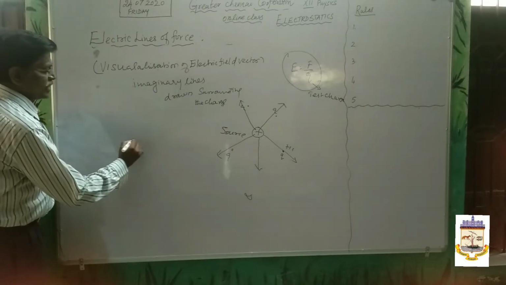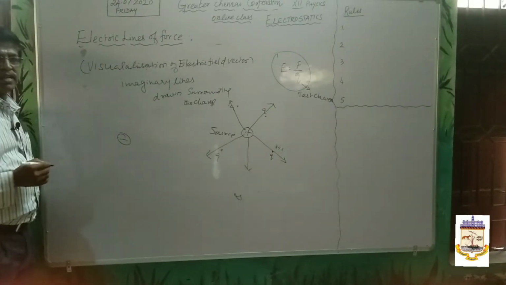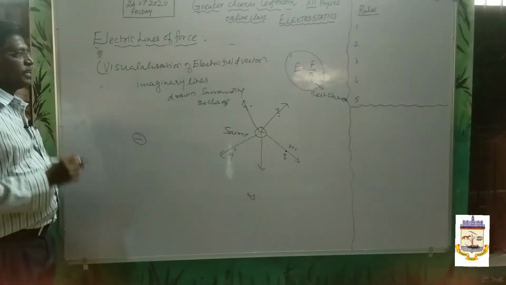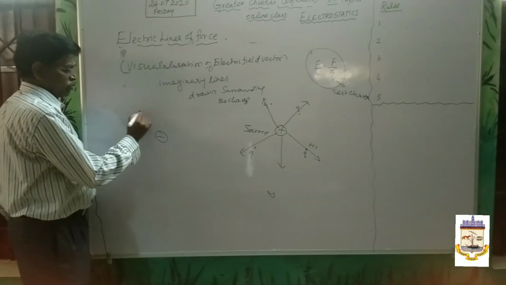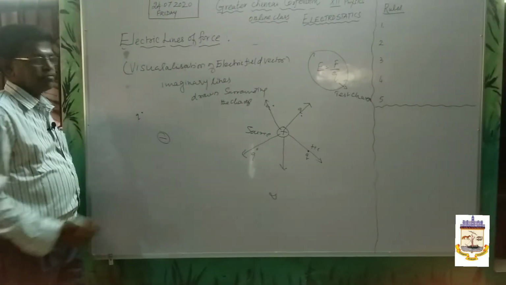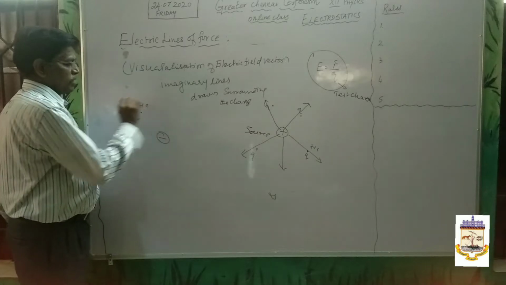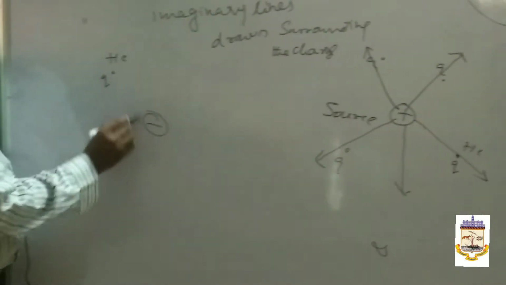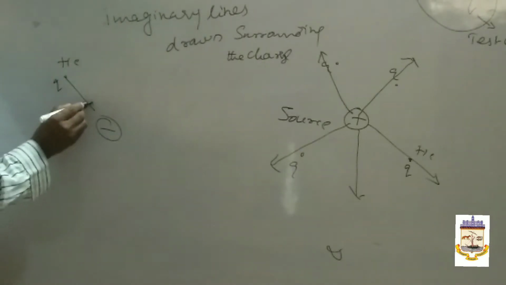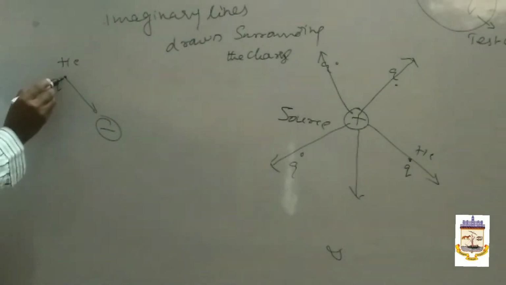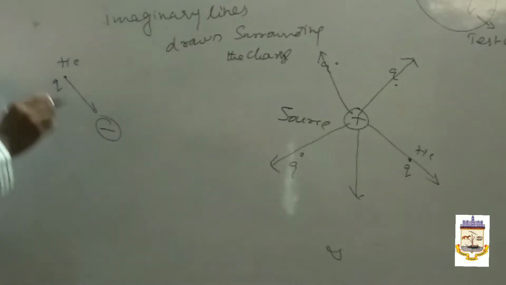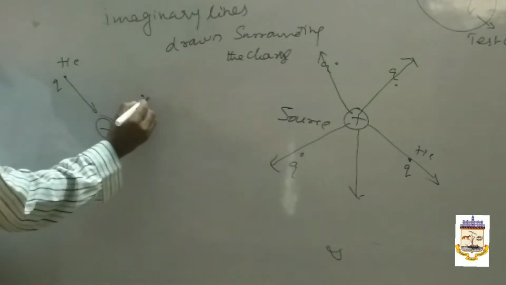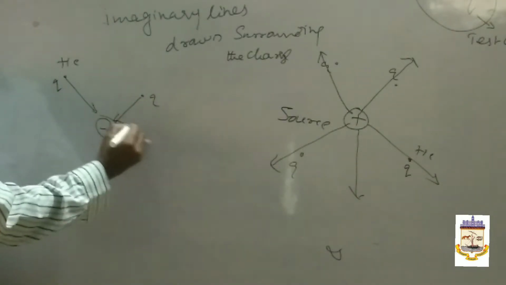Now let us consider the negative charge. How to draw the electric lines of force for the negative charge? Keep the test charge, which is nothing but the unit positive charge. Now between this positive and negative, there will be a force of attraction. So the force will be towards the negative charge. If you keep the test charge here, the lines will be like this.